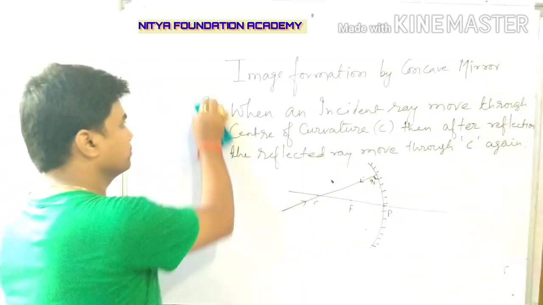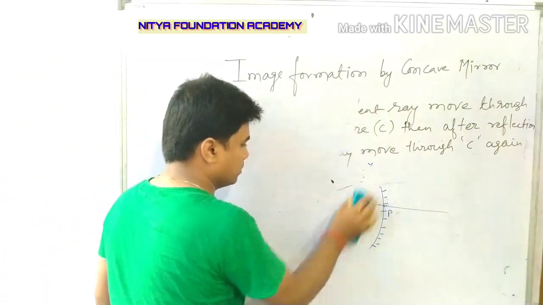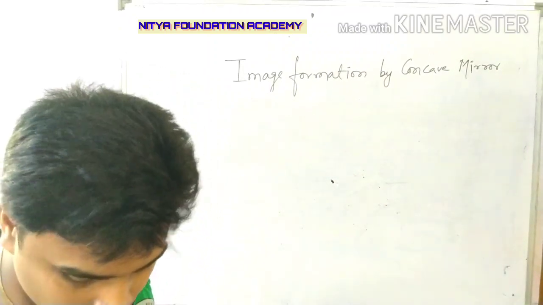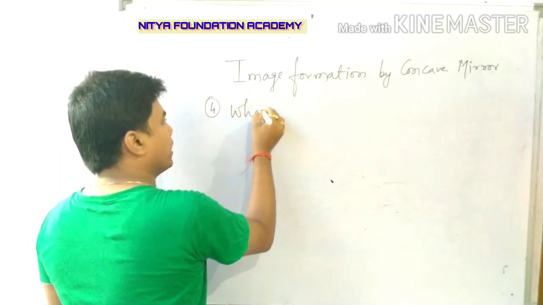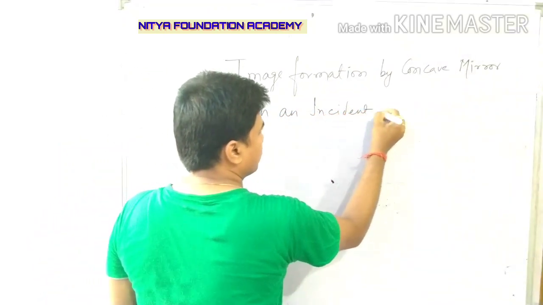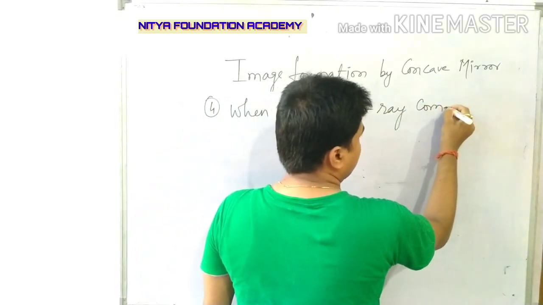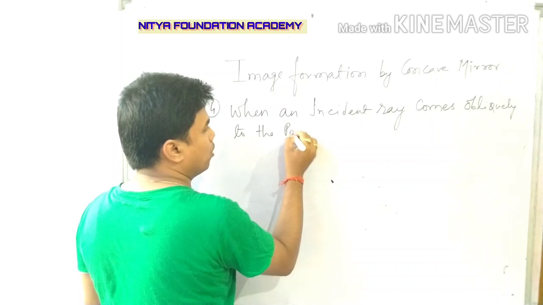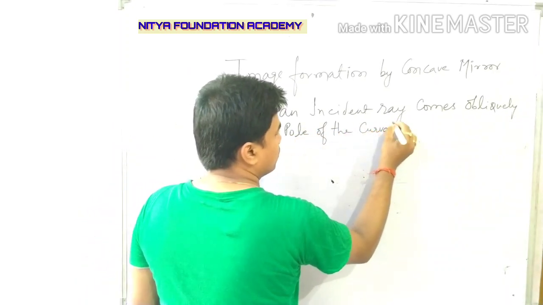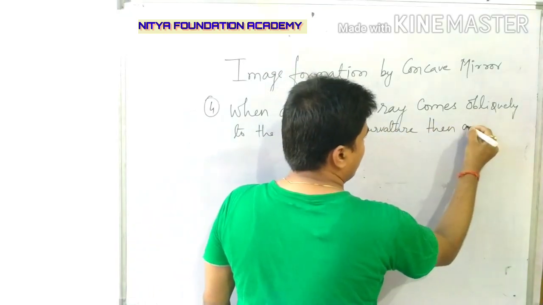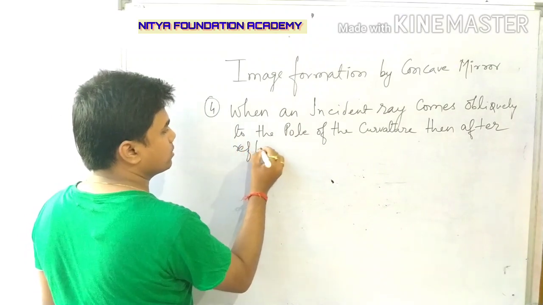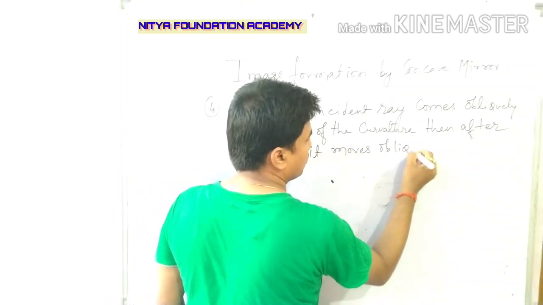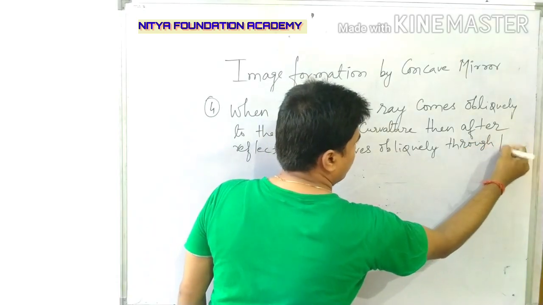Now come to rule number 4. So rule number 4 is saying when an incident ray comes obliquely, I am just using the term here, obliquely, to the pole of the mirror, then after reflection, okay, then after reflection it moves obliquely through the pole.